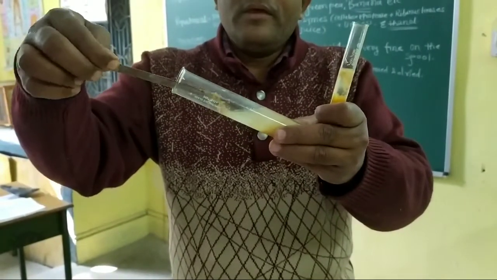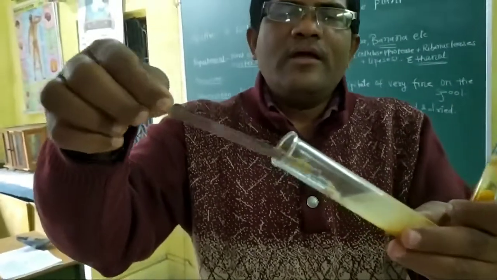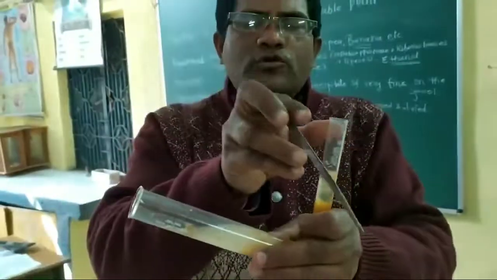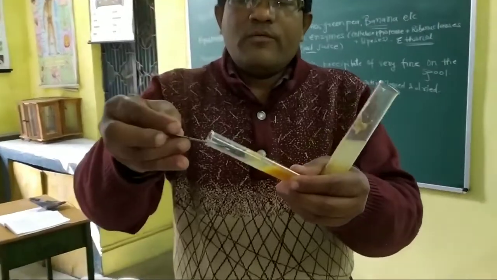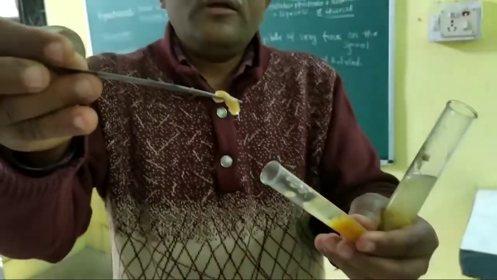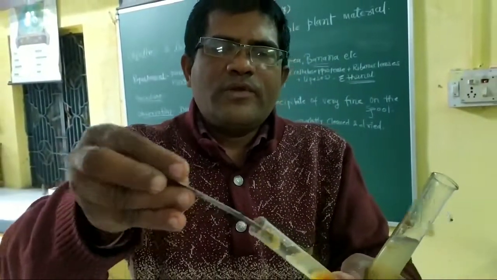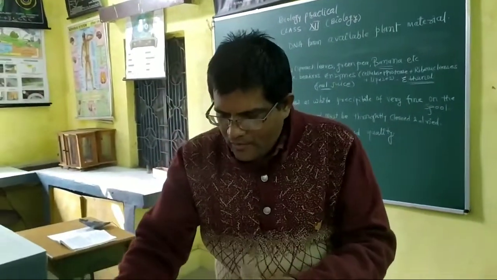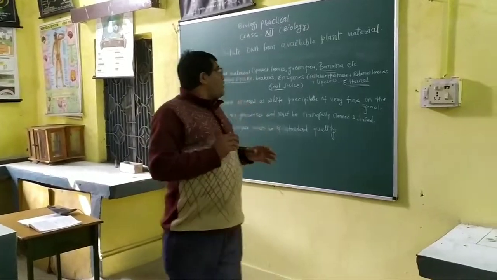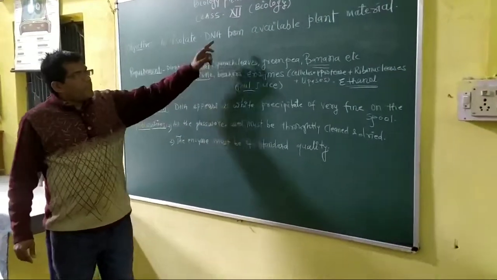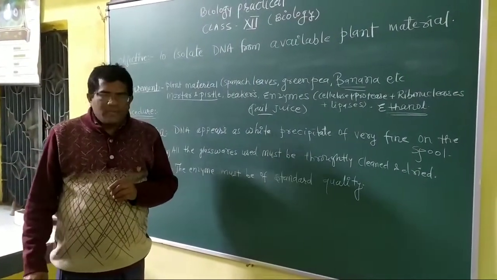This DNA can be easily observed under the compound microscope. This is the experiment we have performed. This is the amount of DNA we have isolated from the banana. Thus we have isolated the DNA from the available plant material.